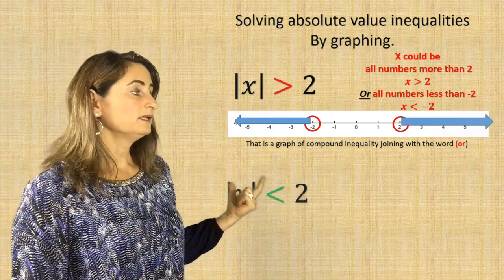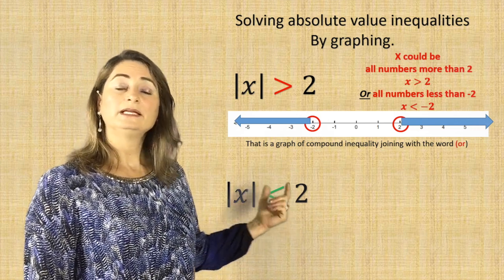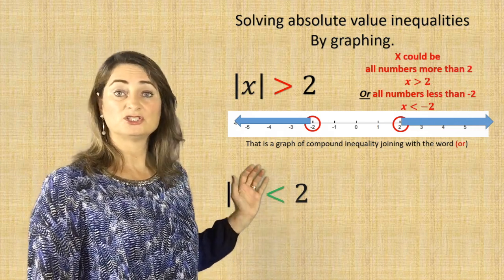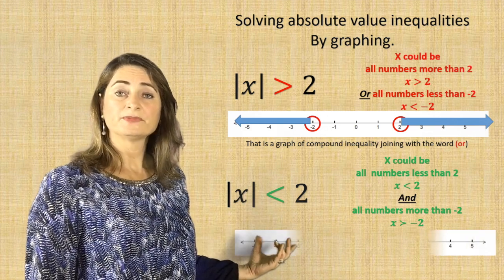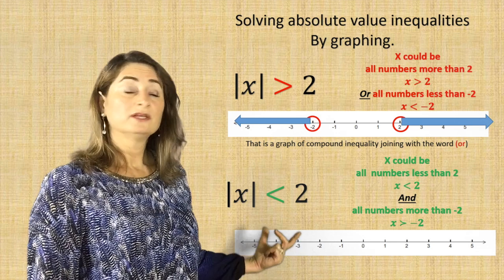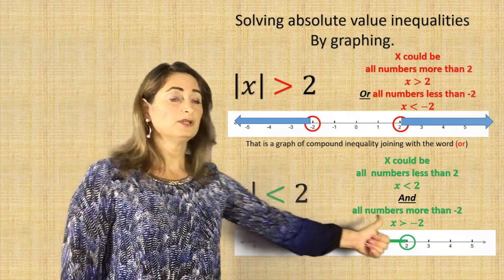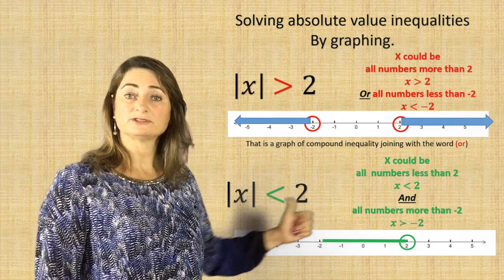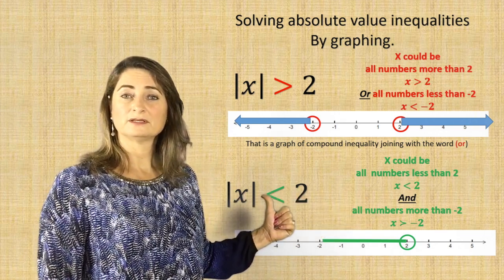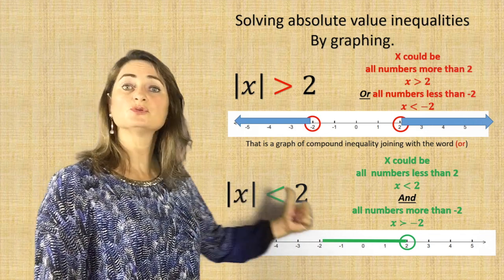What about the absolute value of x less than 2? I need everything that is less than 2. So bring your number line and graph all possible solutions that are less than 2. Since 2 is not a solution, use an open circle. Less than 2 means I need to go to the left from 2. But doesn't negative 2 also have the same distance to the zero?